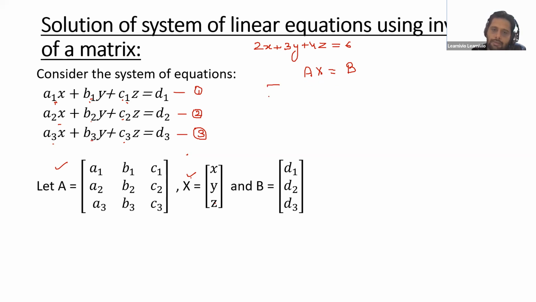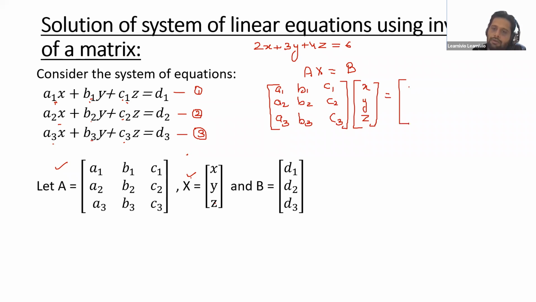What is A? A is a1, b1, c1, this is a2, b2, c2, this is a3, b3, c3. Okay, and X is x, y, and z, and this is equal to d1, d2, d3. Okay, now first row, first column.